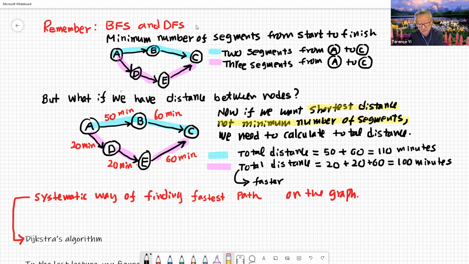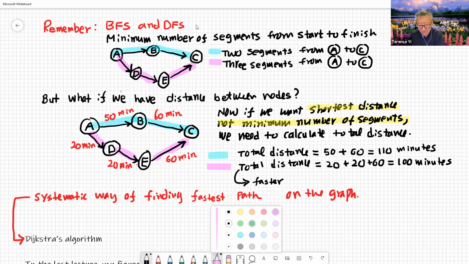Even though we have more segments, the time it takes from starting at A to ending at C is only 100 minutes.